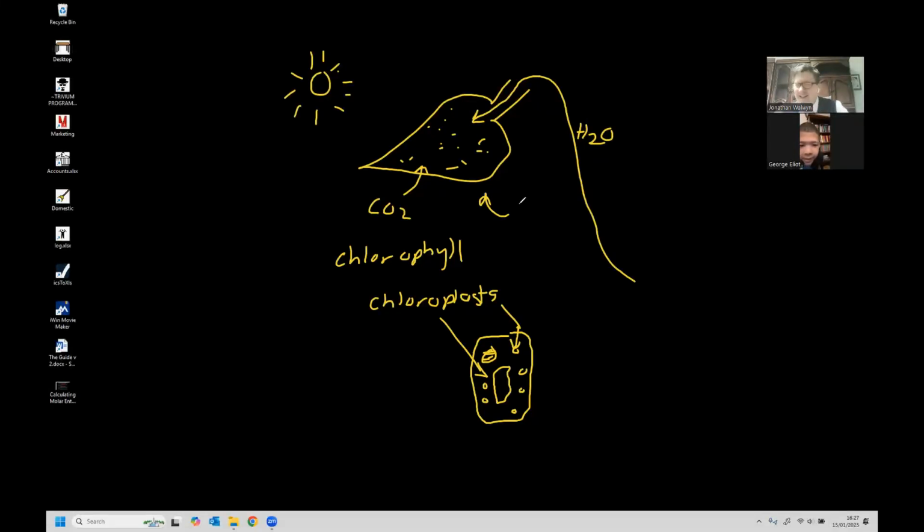Very good. So if it's getting the most sunlight, it needs the most chloroplasts there. The chloroplasts containing the chlorophyll, which is green, are on the top of the leaf, so the top of the leaf is going to be more green.